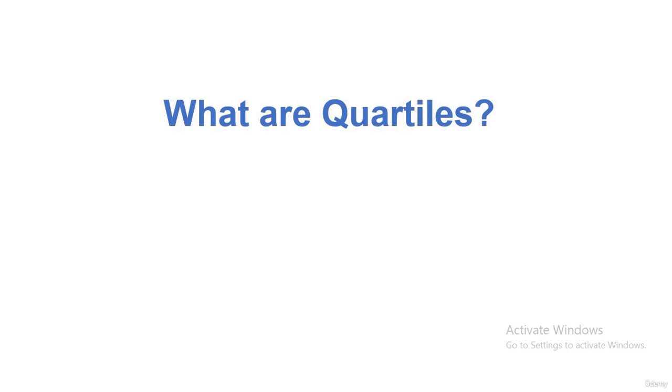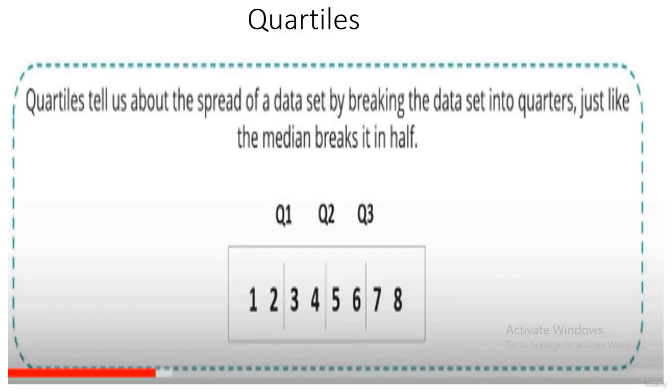Okay, now what are quartiles? Quartiles tell us about the spread of a data set by breaking the data set into quarters. Just like in the case of medians, we break it into two halves.